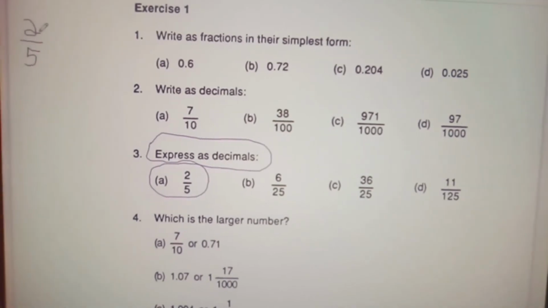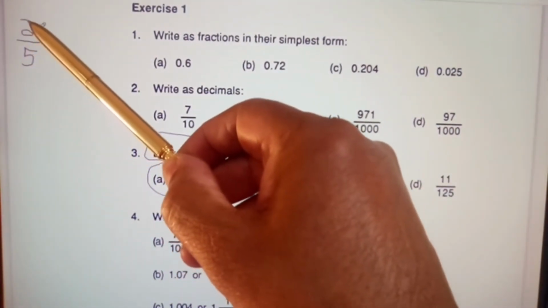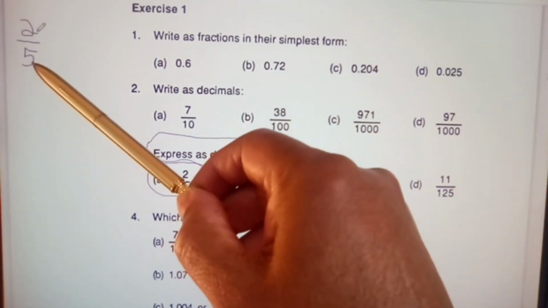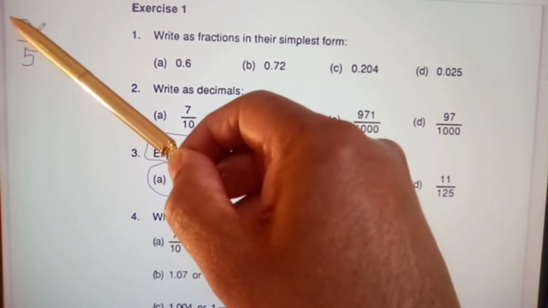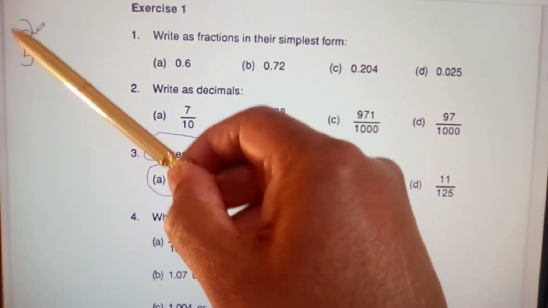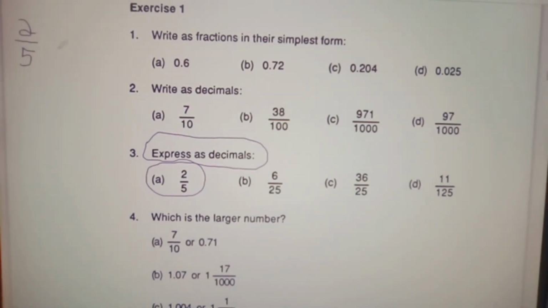Come on, tell me again. Numerator. What's the bottom part called? Denominator. Numerator, denominator. Okay, so let's go with that.